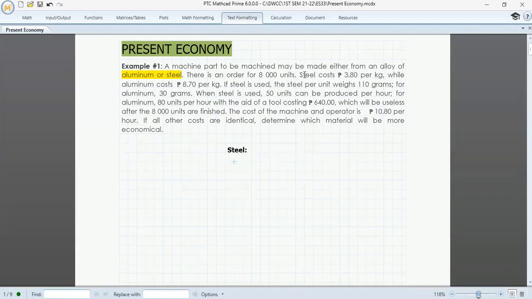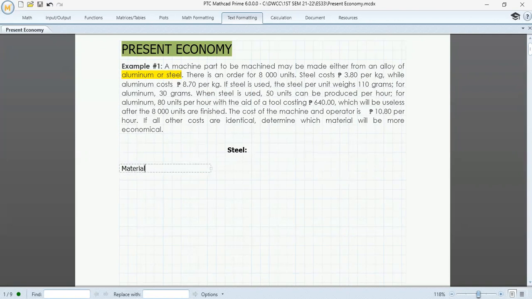So sabi dito, kapag daw si steel ang ginamit mo, gagastos ka ng 3.80 pesos per kilogram. So syempre naman, before you produce something, kailangan meron kang materyales, tama ba? And yung materyales na yon, bibilhin mo yon. Okay? So magkano mo daw mabibili yung steel? 3.80 per kilogram. So ilagay na lang natin for that one is material cost.